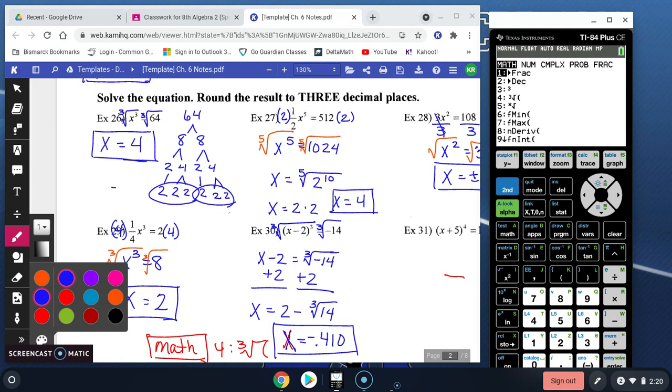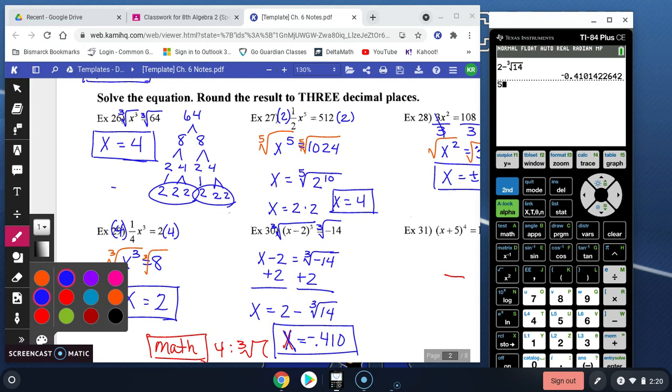So if you kind of go back up to number 27, and notice we were doing the 5th root of 1024, and I didn't take time to do my factor tree, and I just told you, hey, it's a whole bunch of 2's. Well, you can use your calculator to do that 5th root. So how you would do that is, since it's a 5th root, I want to choose my root first.